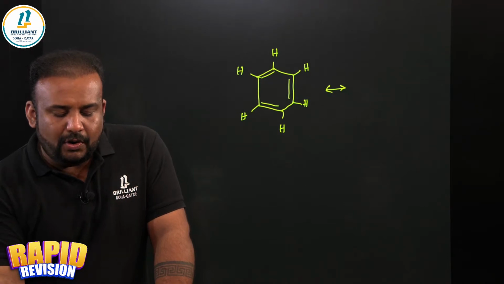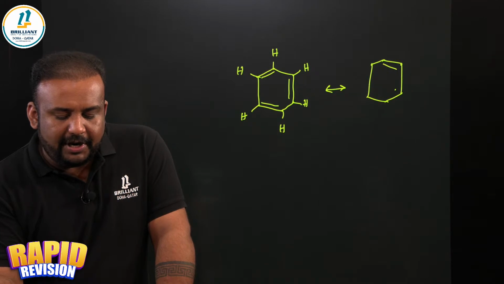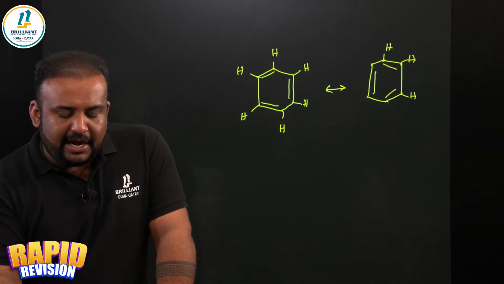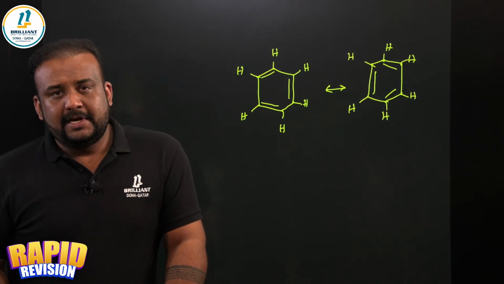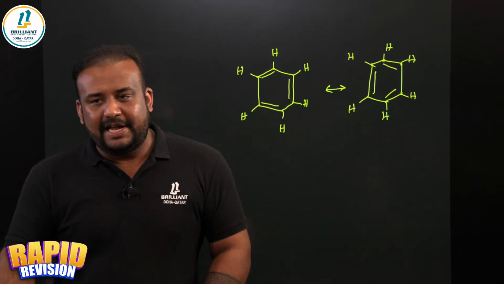You can even draw benzene in this pattern as well. You can put a double bond here, a double bond here, and a double bond here. So these are both correct for benzene. There is a reason for this, but in 10th standard you won't understand why it is like that.